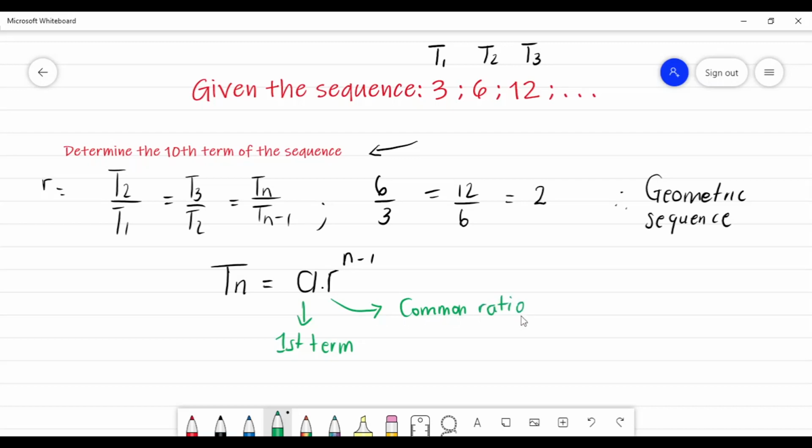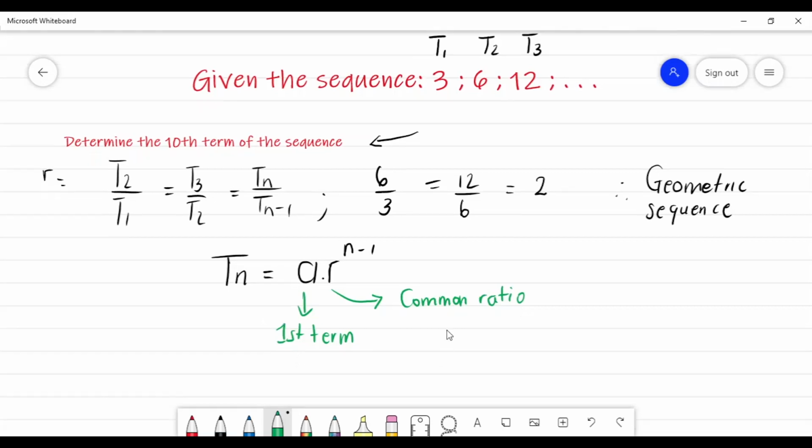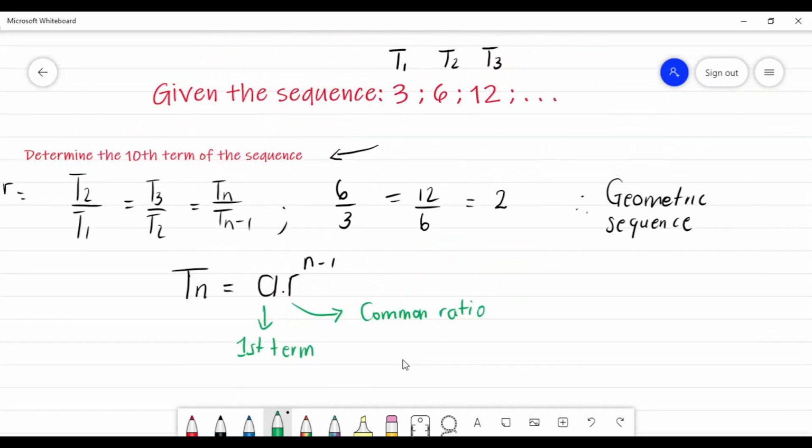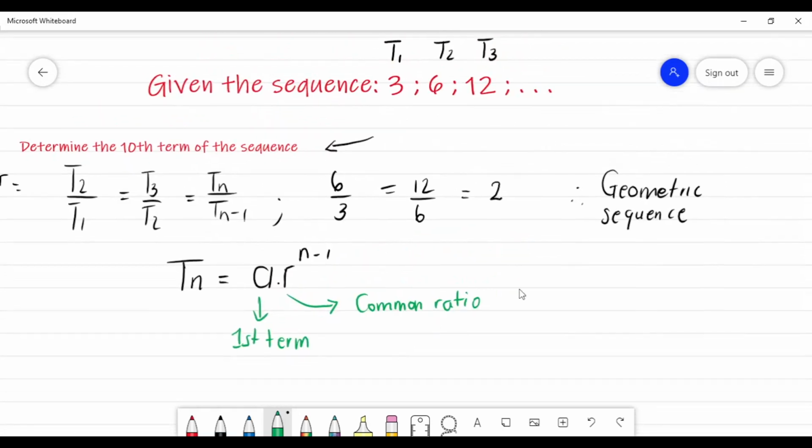Okay guys, so let's do that. For this sequence, what was our value for a? What was our first term? Our first term is 3, so we're going to substitute that. So we're going to have Tn is equal to 3, which is our first term, multiplied with, what did we get as our common ratio?